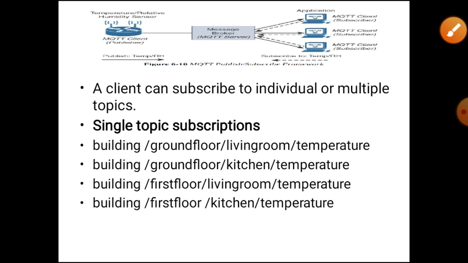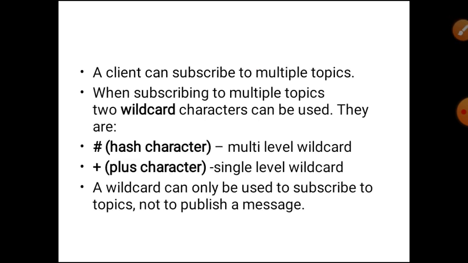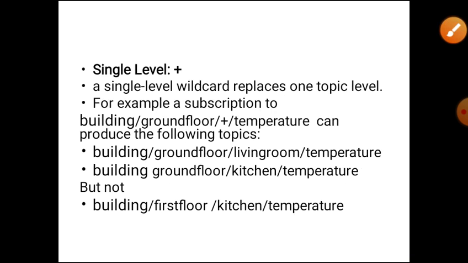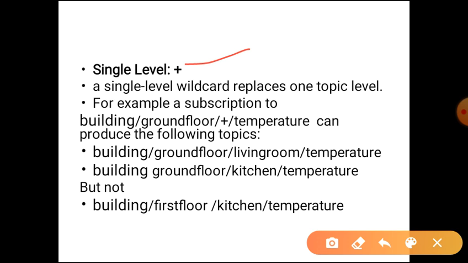In that case, how can it subscribe to multiple topics? It has to make use of the wildcard characters, special characters, hash and plus. We'll start with the plus. Plus, if used in the topic name, indicates one topic level.